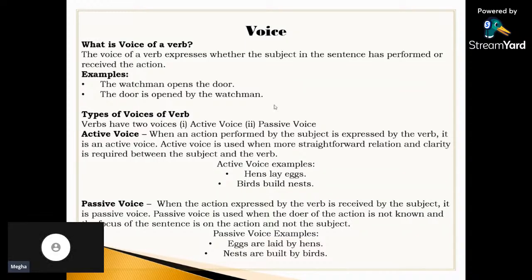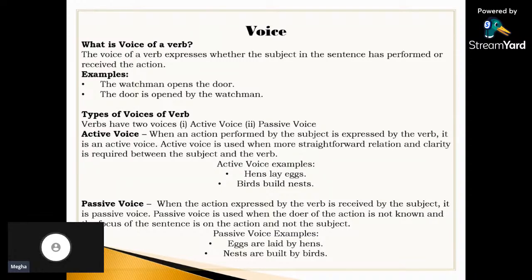When an action performed by the subject is expressed by the verb, it is active voice. So when the action is performed by the subject, it is called active voice. Active voice is used when a more straightforward relation and clarity is required between the subject and the verb. See the example, you can understand it better. Hens lay eggs.